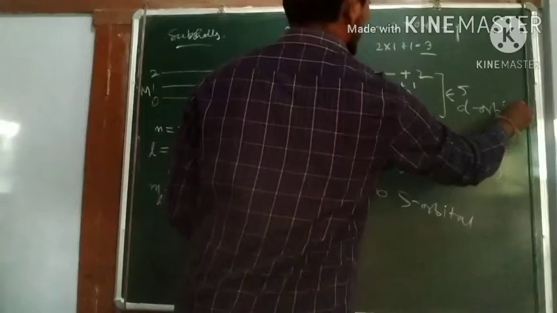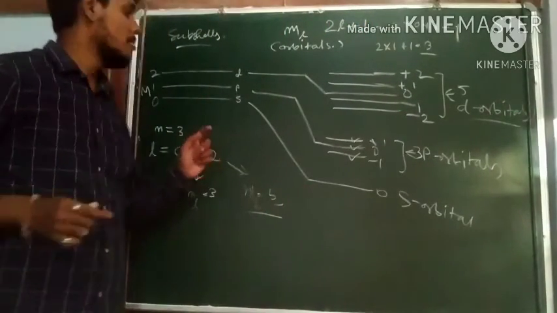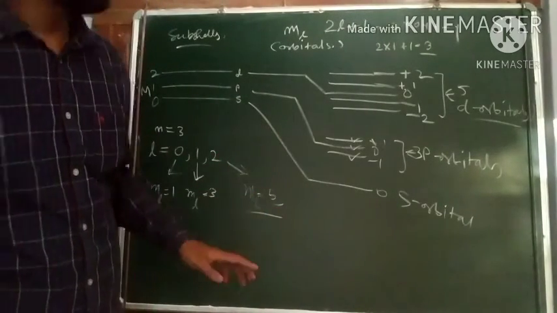Very simple, but please remember this, it is very important from the exam point of view. We will come back to this diagram when we get to the filling of electrons.